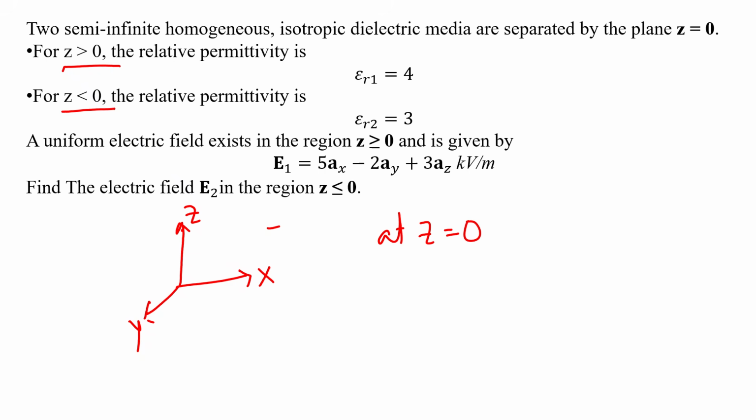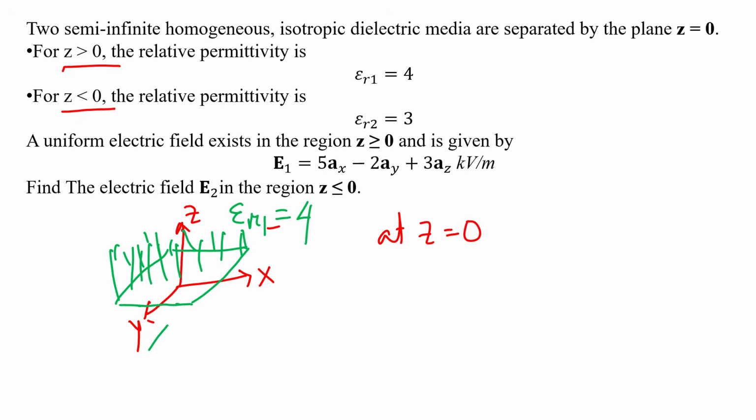So what I can assume is this particular region represents my z greater than 0. This region has a permittivity epsilon r1 equals to 4. Then this region represents my z less than 0, so this region has permittivity epsilon r2 equals to 3.